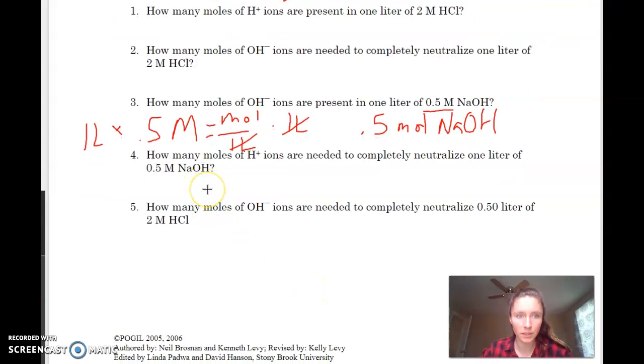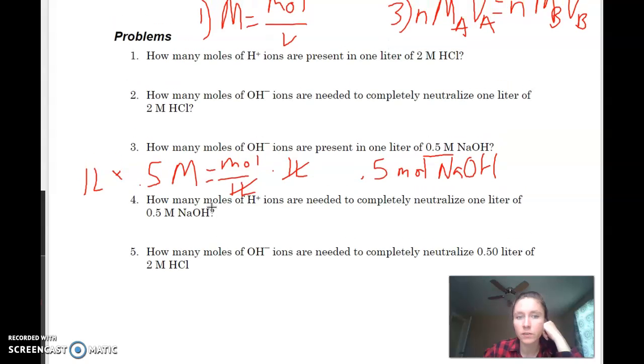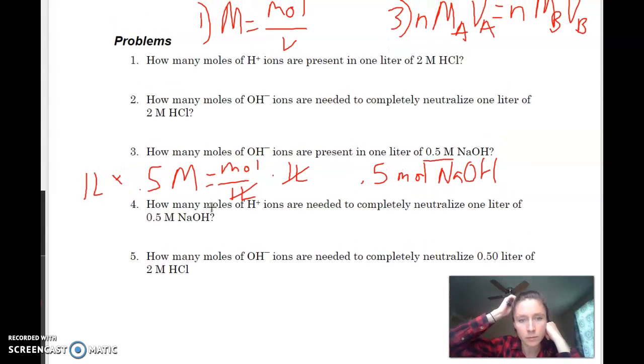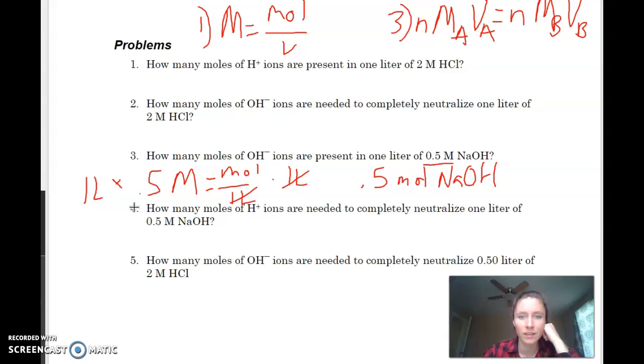For number 4, how many moles of H plus ions are needed to completely neutralize 1 liter of 0.5 molar NaOH? This is actually the same challenging question that we had in number 2, and I'm going to do it more quickly this time because we've already done it before.